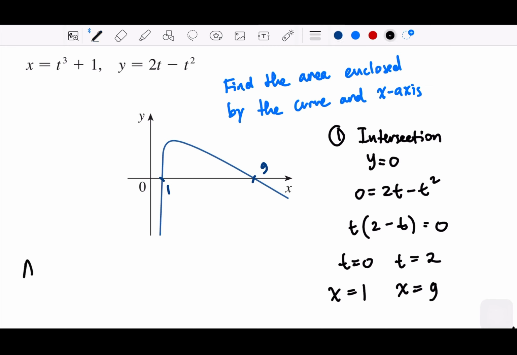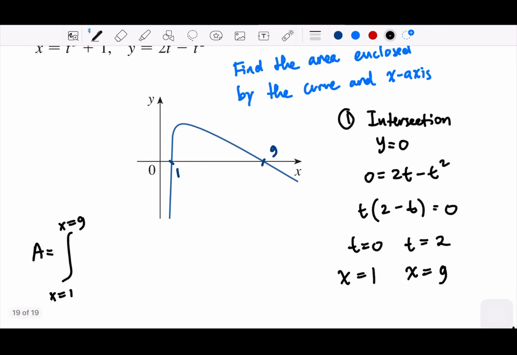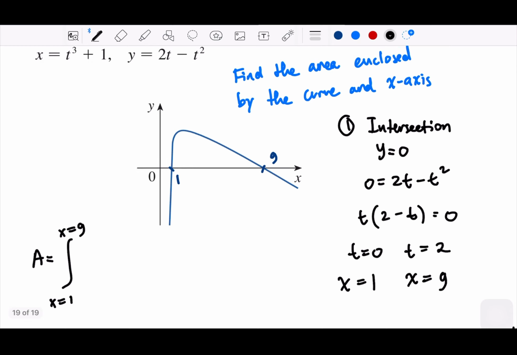So the area is from x equals 1 to x equals 9. I will write with x to make sure that when we shift to t, you understand. Let me write the complete formula.